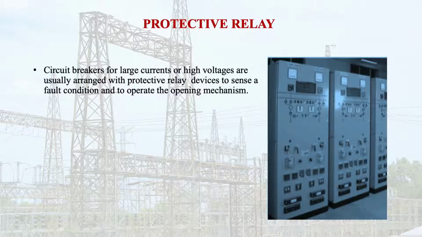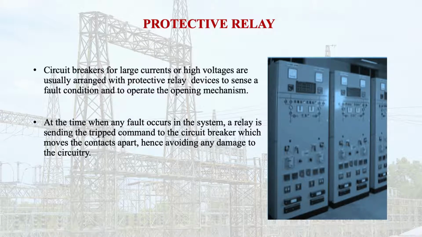Now I mentioned that the circuit breaker works when it gets a signal from the relays. So circuit breakers for large current or high voltage are usually arranged with a protective relay device. Both work together, relay and circuit breaker, because the protective relay device senses a fault condition. Relay is a sensing device which senses the fault condition and operates the opening mechanism of the circuit breaker.